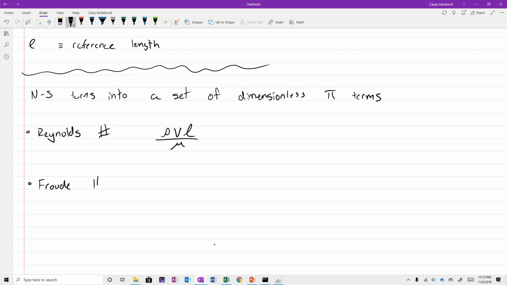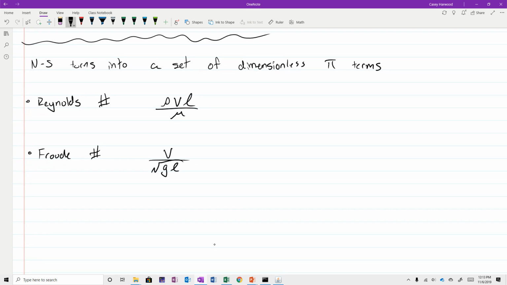The Froude number, which is defined as V over the square root of gL. The Euler number, which is P naught over rho V squared, or rather, it's just P over rho V squared.